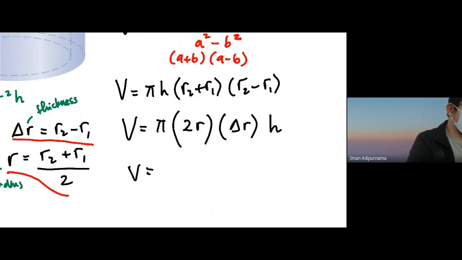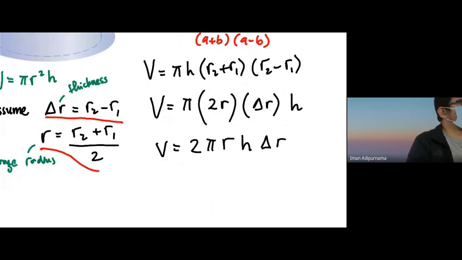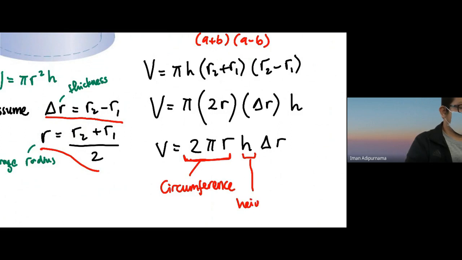Or simply, we can also write this as 2 pi r, and then h and delta r. We can also break down this volume: this part here becomes the circumference, this part is the height, and this part is the thickness.